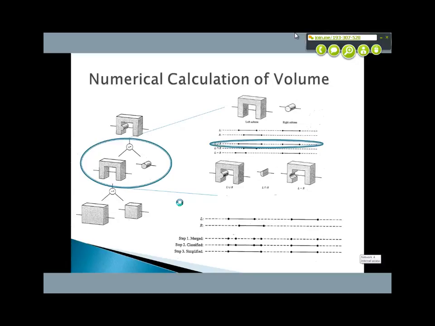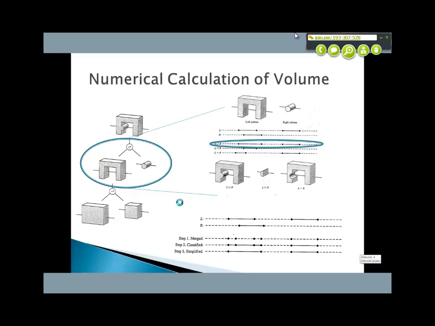What they do with ray tracing is they basically fire a ray out through the object, and the ray is simply a line equation, and the line equation is really easy to calculate intersections on.